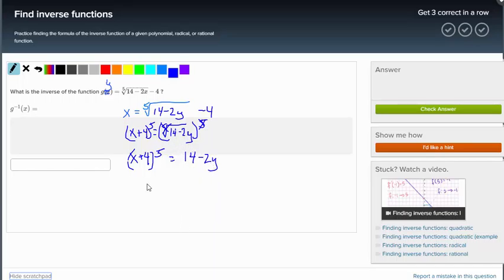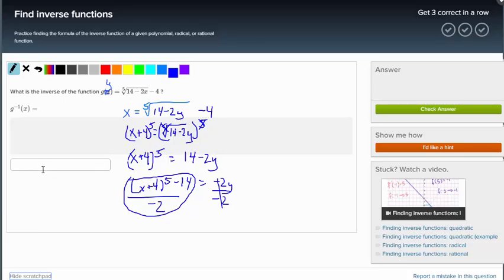I'm going to subtract 14 because I'm doing reverse order of operations, so I'm solving for y now. I get x plus 4 to the fifth power minus 14 equals negative 2y. And then I divide both sides by negative 2. And so my answer is this thing right here.